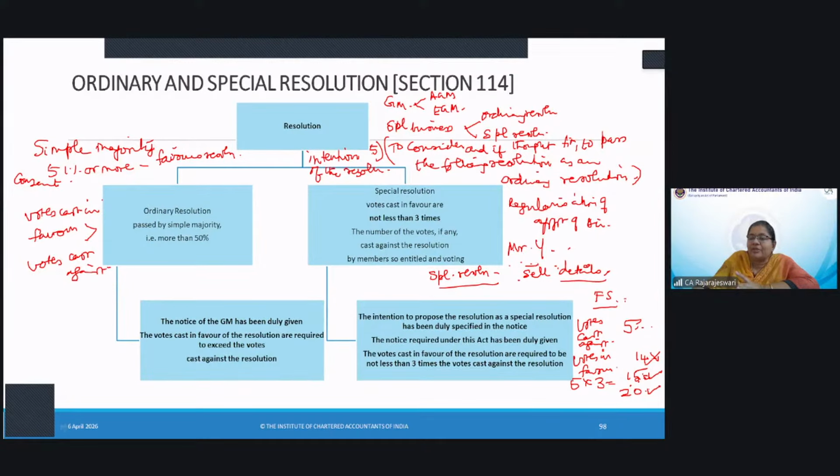But if it is less than three times the votes cast against the resolution, that resolution cannot be passed as a special resolution. That resolution cannot be passed in that meeting because your intention is to pass that as a special resolution. Certain resolutions can be passed only by way of a special resolution.